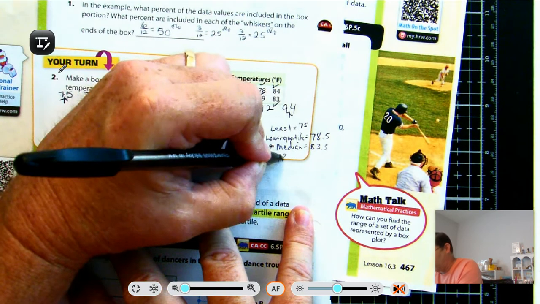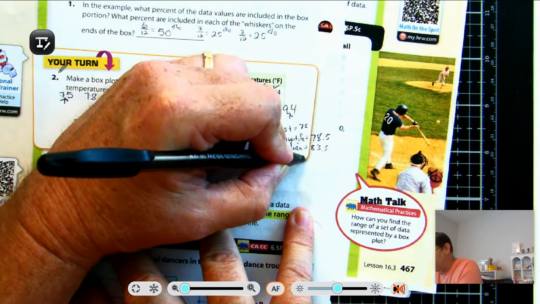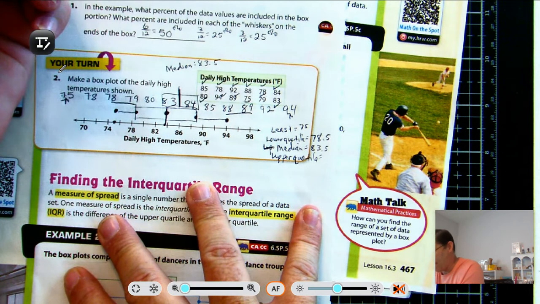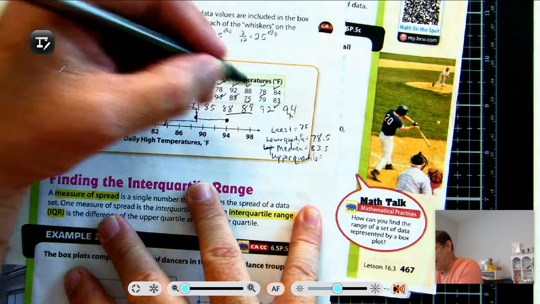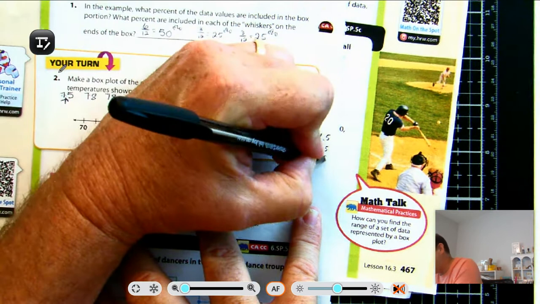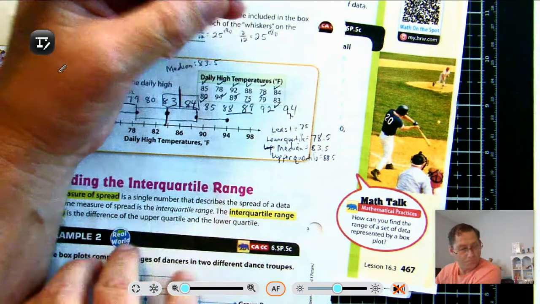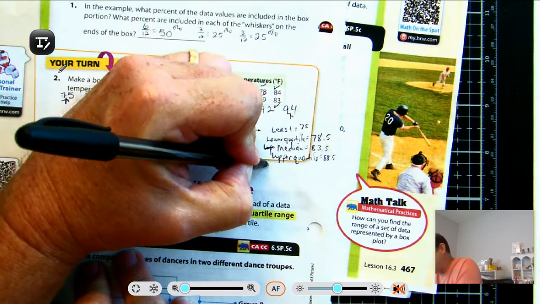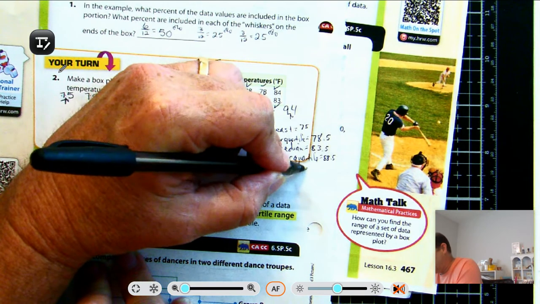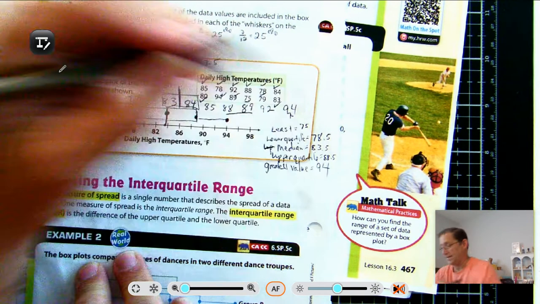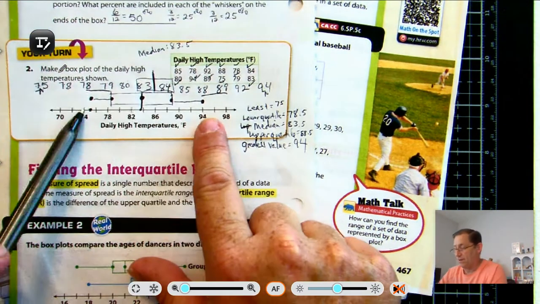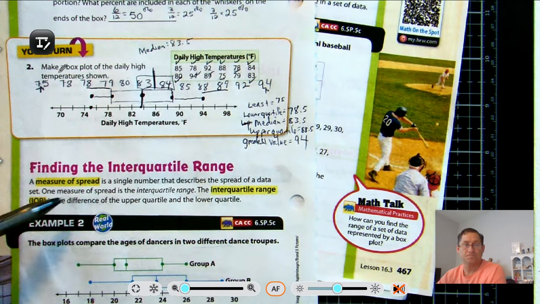The upper quartile was 88.5. And the greatest value was 94. Okay, so we get all that information from the box plot that we drew.